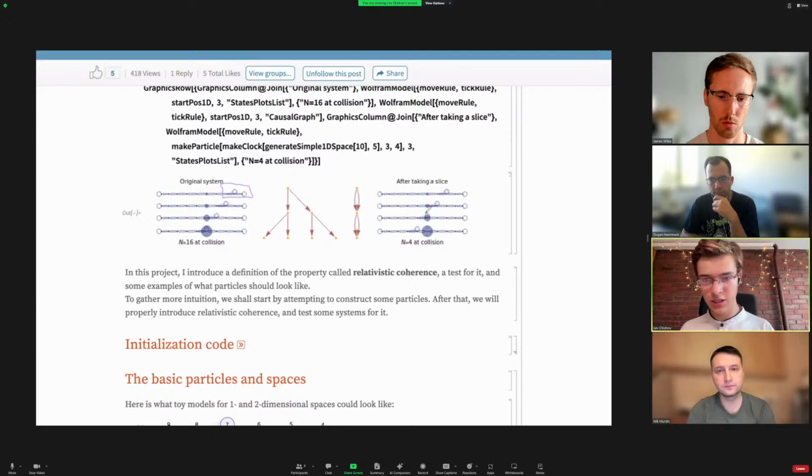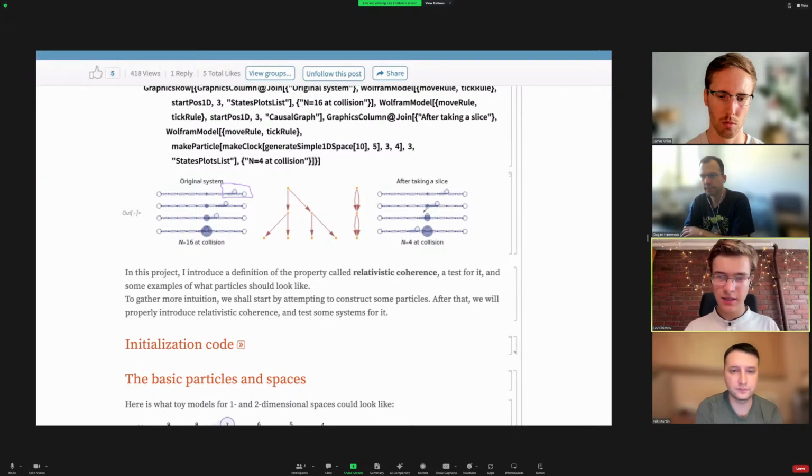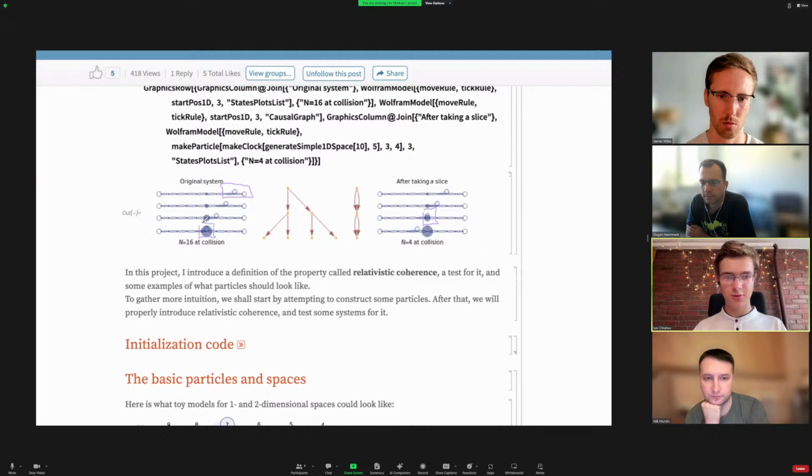So the time that the clock displays when the particle reaches it is an observable that should not depend on who is measuring it, because that's just something that happens.